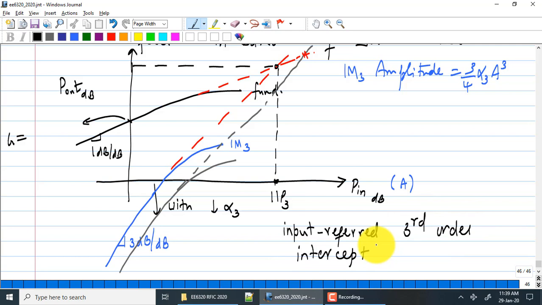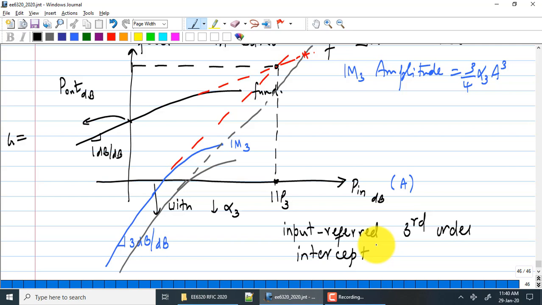If you compare them with the same fundamental gain, you are comparing them only for gain, not for nonlinearity. I take two amplifiers which have the same alpha 1 but different alpha 3s. If the alpha 1 is different, then you will find that this input referred intercept also tells you about whether it's more linear or not.